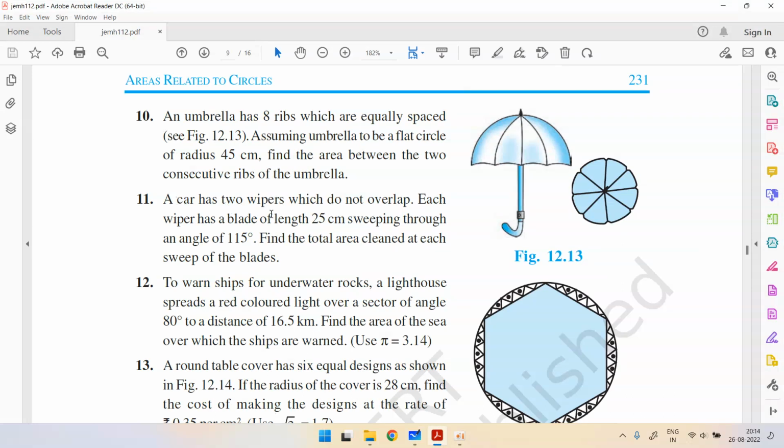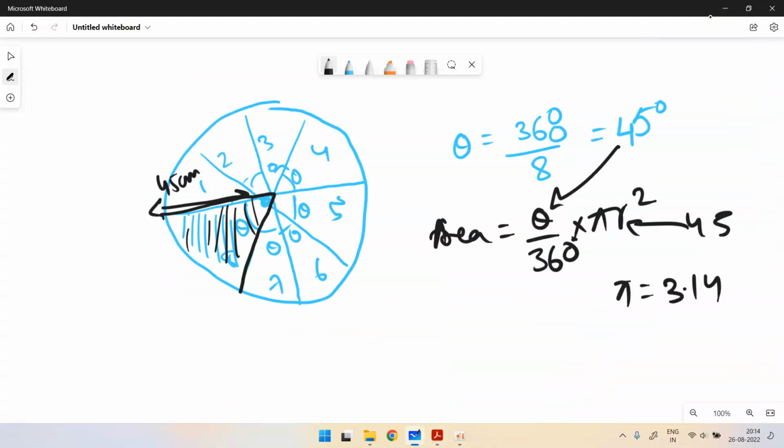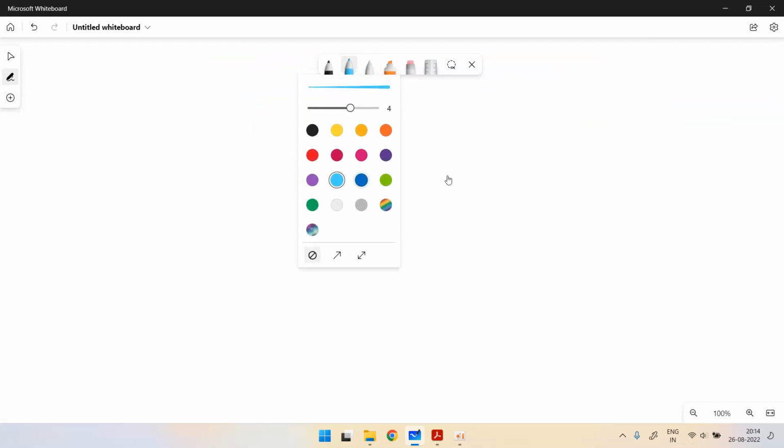Now, a car has two wipers which do not overlap. Each wiper has a blade of 25 centimeters sweeping through an angle of 115 degree. Find the total area cleaned at each sweep of the blade. So the car is having wipers.